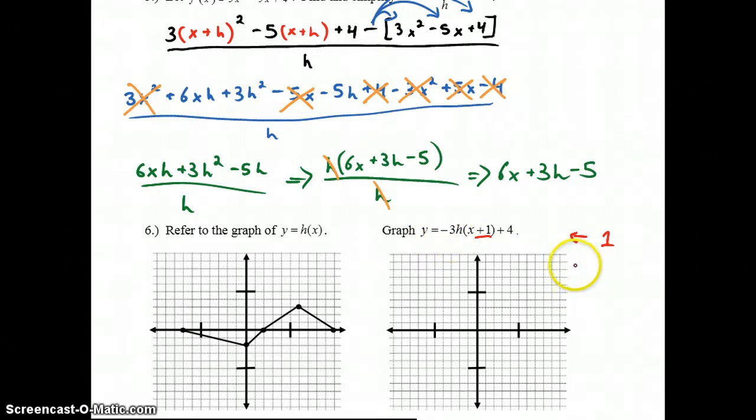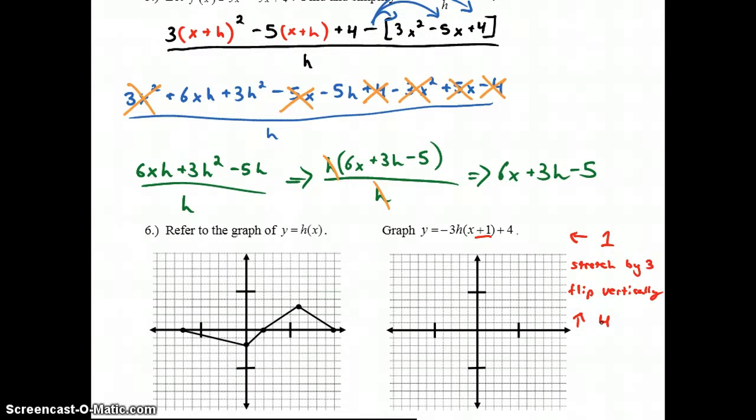Well, the 3 is going to stretch by a factor of 3. The negative is going to flip, and since it's outside of the function, it's going to do it vertically, affecting the outputs. And the plus 4 is going to shift up 4.